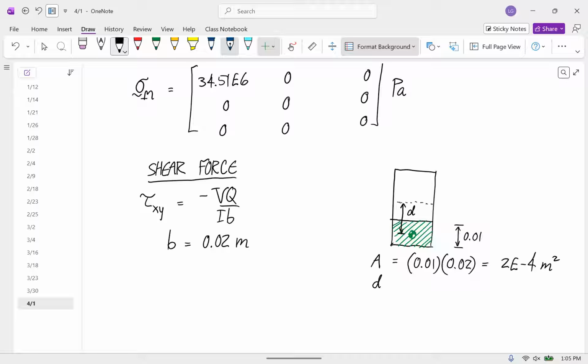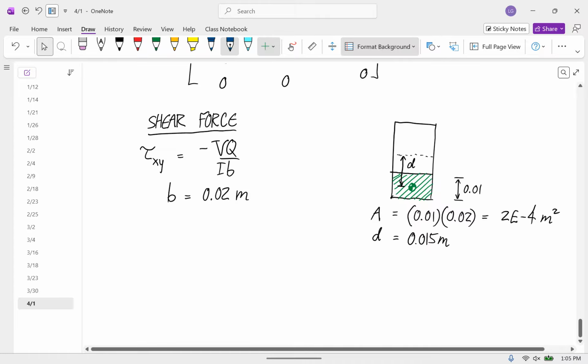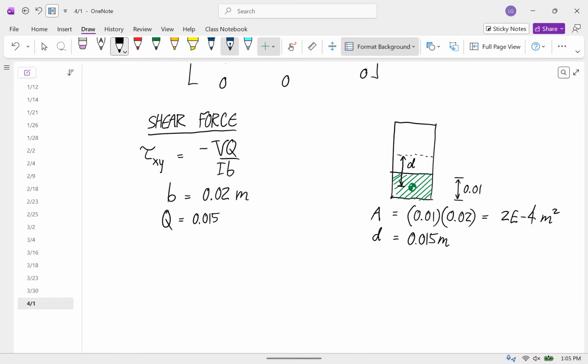So our d is 0.015 meters. And so our Q is 0.015 times 2 times 10 to the minus 4, and you get 3.0 times 10 to the minus 6 meters cubed.